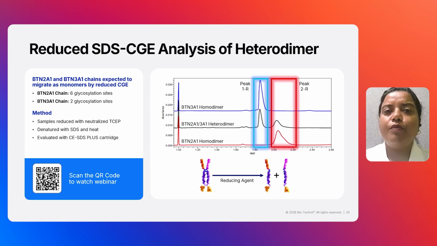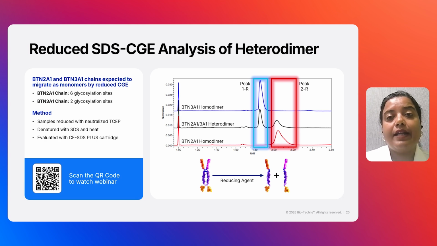In addition to the homodimer controls, the purified material from cells expressing both the polypeptide chains was also used. These samples were then evaluated using the reduced CE-SDS application. It was expected that the disulfide bridge between the two polypeptide chains would be broken and the chains would migrate as monomers. In the heterodimer samples, two distinct peaks were seen with baseline resolution between them.